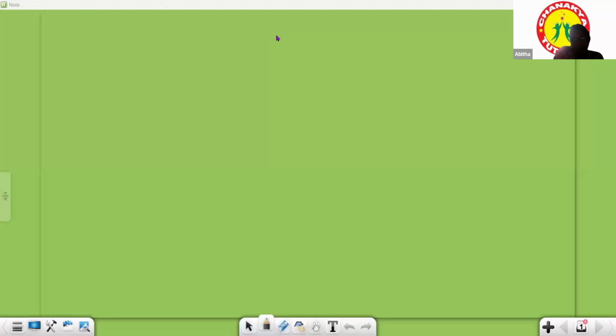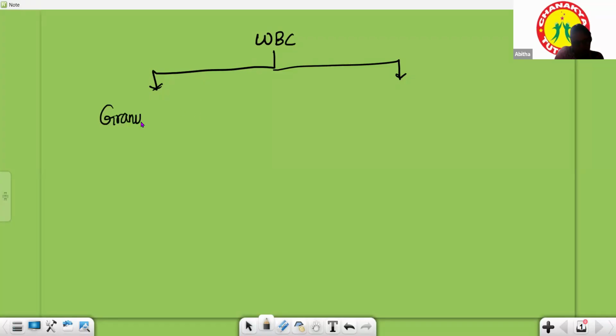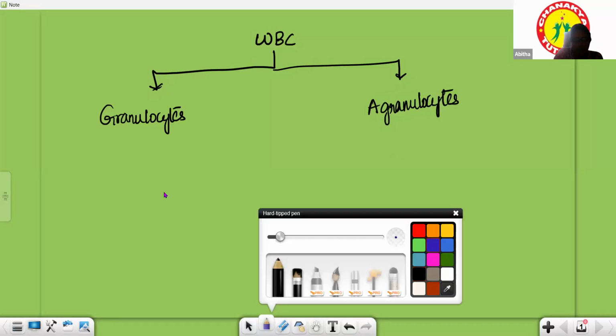Okay, so WBC, we have seen two classifications based on the presence of granules, right? One is granulocytes, the ones which have granules. The next category is agranulocytes. So which come under granulocytes?